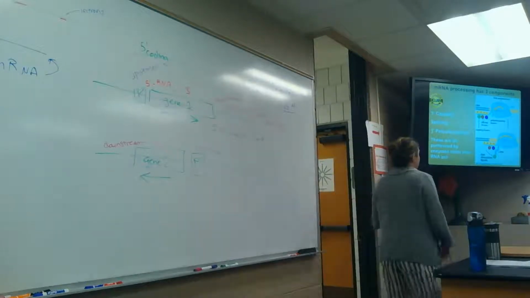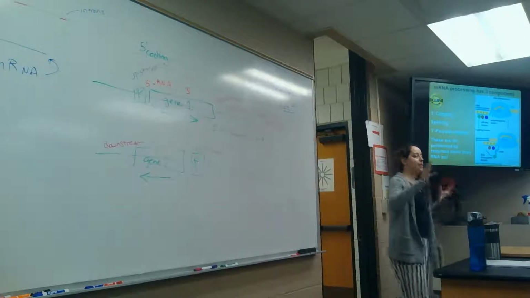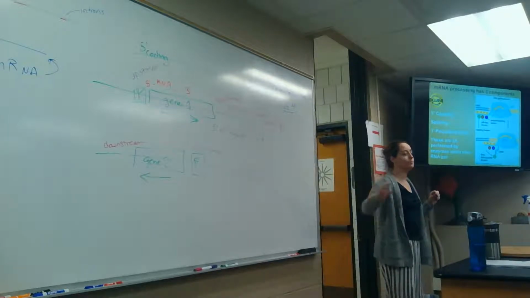A moment ago, we were talking about certain general transcription factors adding phosphate groups onto the RNA polymerase. We said that changes the shape a little bit and allows RNA polymerase to start transcribing.